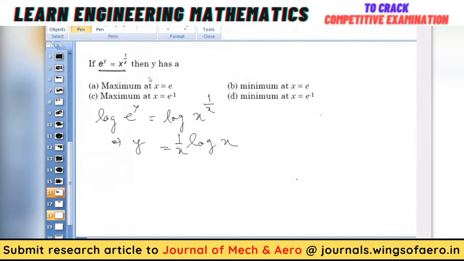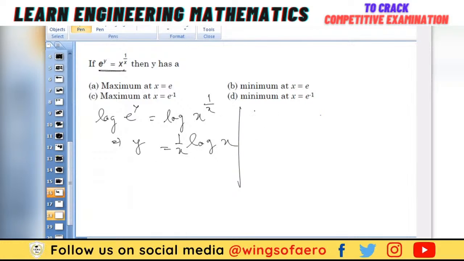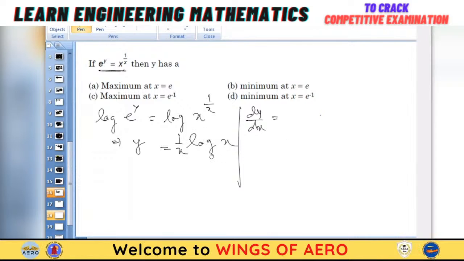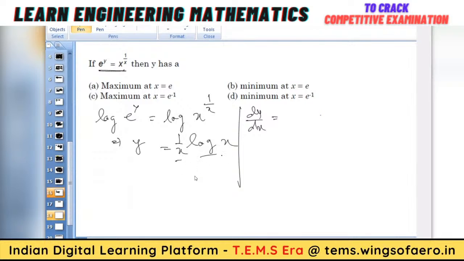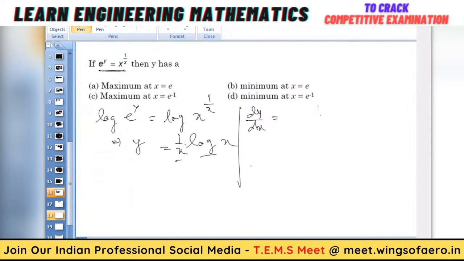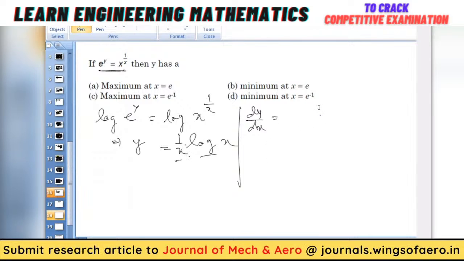Okay, so let's try this question. For the first derivative, dy by dx is equal to 1 by x times log x. You can see that there are two functions, 1 by x and log x. So simply apply the uv rule, u into v: v dash u plus u dash v.